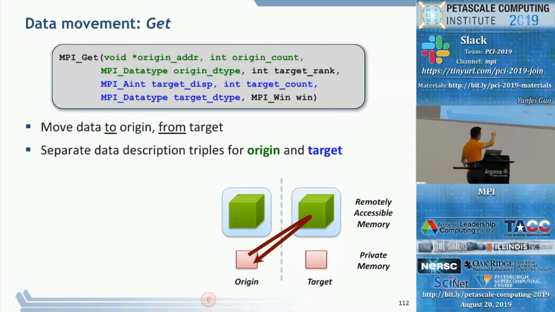Basically, they describe the target buffer, and I have my own local buffer, described in green. The origin process would issue this call and fetch the data from the target buffer into the origin address. Okay. So that's put and get. Do we have any questions? Good.